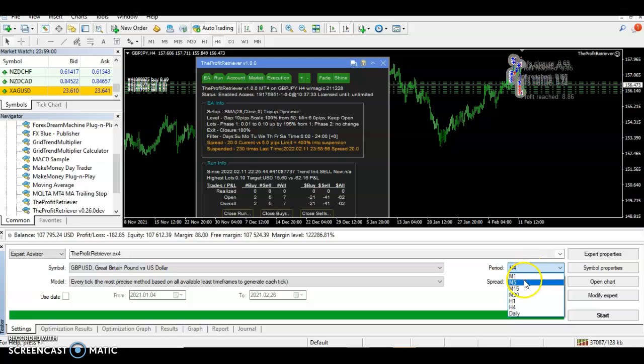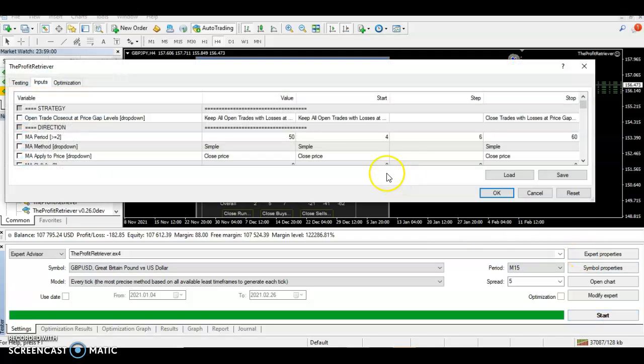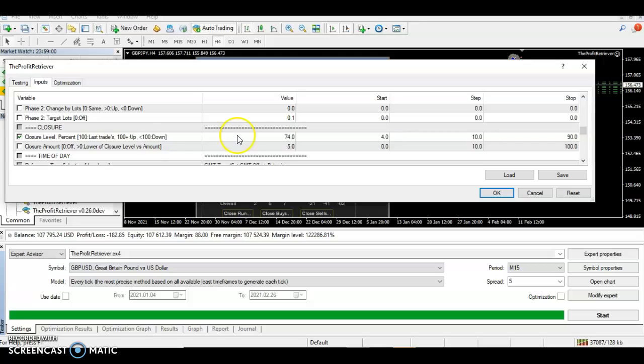So to pass the challenge, I'm using a minute 15 time frame or lower. I want it to stay above the initial balance. So I'm using a short time frame, a high SMA, and a low dollar amount. This is the closure amount, $5. This is the closure level, 74%.